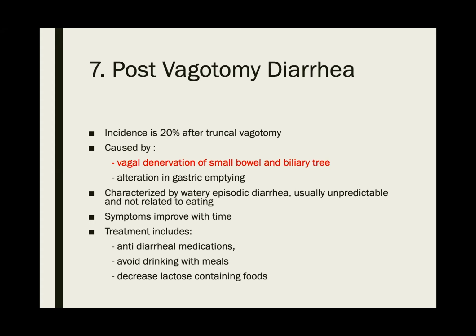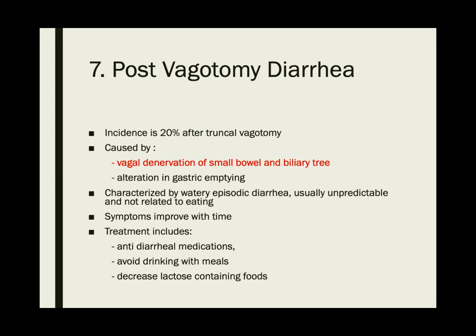Okay, and then we denervate that area. So this is called highly selective. We also have extensive vagotomy, and we have truncal vagotomy. So it all depends on the level of vagotomy that we did, and then later on the effect of that.